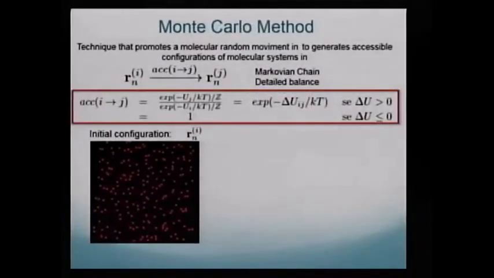So the idea now is, if we decided to use Monte Carlo, what do we need to have? Monte Carlo is built on the idea that we need a Markovian chain to change from one configuration to another configuration, and this chain should agree with detailed balance. It means that if you have a configuration and the probability to change to another, you have the same probability to be in the other and come back to the same.